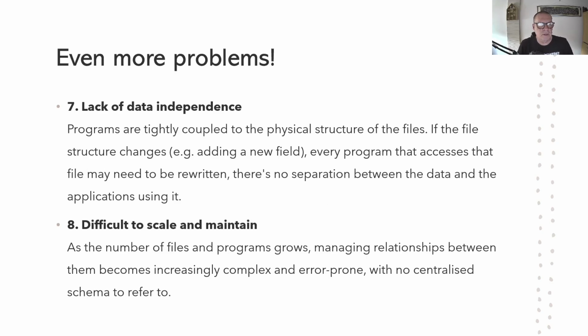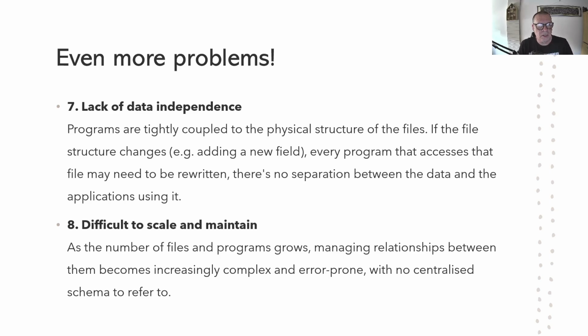And number 7, lack of data independence. As we mentioned, the programs and files are closely related to each other. So if the structure of the file changes, for example, then any program that accesses that file also has to change. So there's no separation between data and the applications that use them.